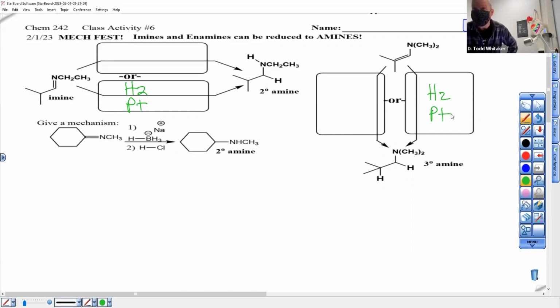Remember when it was a carbonyl, you would have to add pressure. That is a fact. This is not as polar a pi bond, especially the one on the right. Now this one, it's polar, but not very. The reason hydrogen and carbonyls need pressure is because hydrogen is a totally non-polar molecule. It doesn't like associating with polar carbonyls.